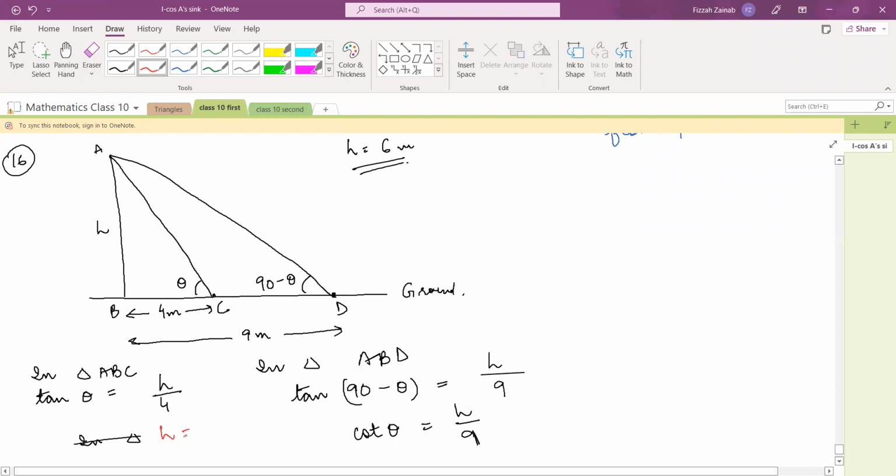Okay, from here actually your h becomes 4 tan theta. Clear? And from here your h becomes 9 cot theta, right? Yes, ma'am. So how will it help me?